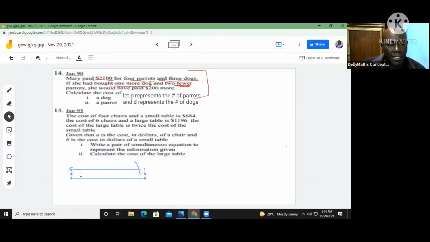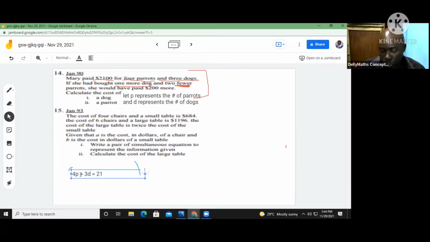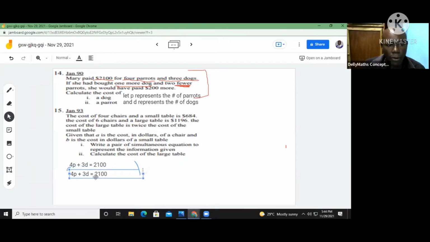So if that's the case, then we're talking about 4P plus 3D, and that was 2,100. Very good. Excellent. And then now we're going to have to put in all of these little changes.